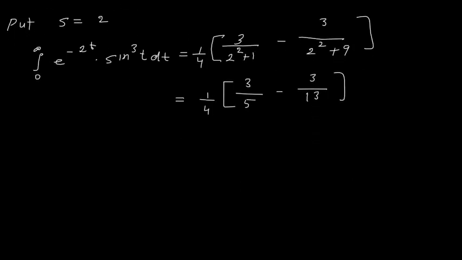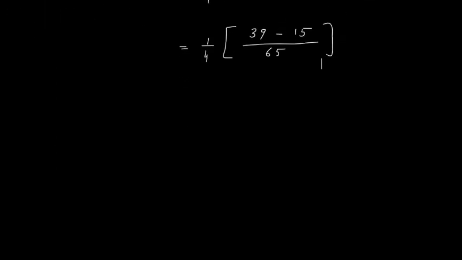So here finally we have this is equal to 1 upon 4 into (13 × 3 is 39, minus 5 × 3 is 15), whole divided by 13 × 5, which is 65. So 1 upon 4, (39 minus 15) upon 65.